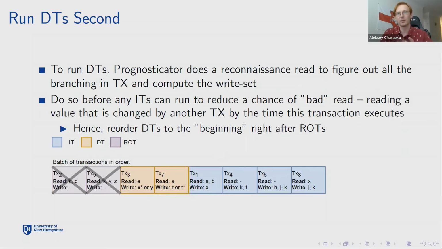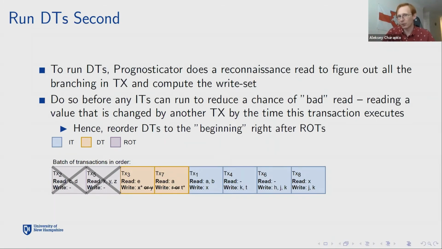what we have left are dependent transactions and independent transactions. And here again, Prognosticator does some reordering, and it actually tries to run all the dependent transactions before the independent transactions. To run these dependent transactions, of course, it needs to figure out the right set of keys for them.